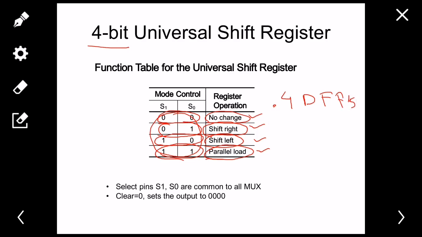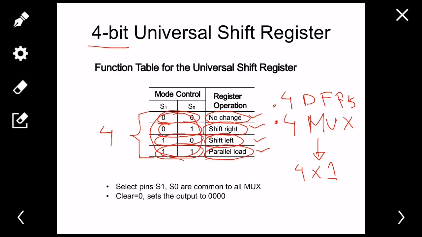Number two, as you are designing a 4-bit shift register, you'll be needing 4 muxes. The type of mux that you need depends on the number of mode controls. So you have 2 mode control bits, so we will be needing 4 to 1 muxes. Okay, so that is the thing you will be needing.